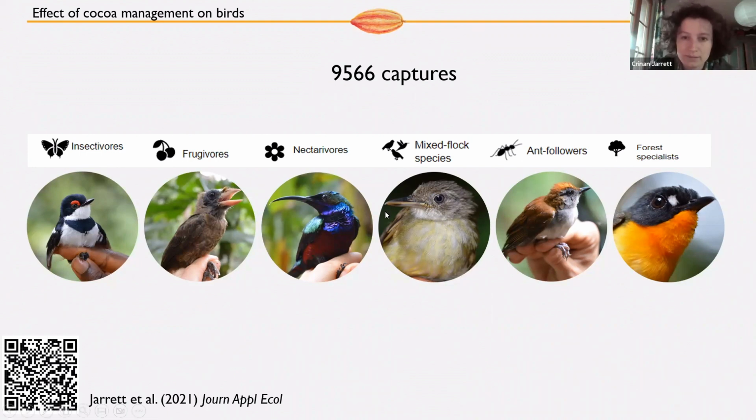We have mixed flock species, which are species that participate in this behavior of joining flocks and foraging together. We have ant followers, which are normally larger bodied insectivores that follow ant swarms. And we have forest specialists, which are birds that are recorded as being restricted to rainforest habitats.